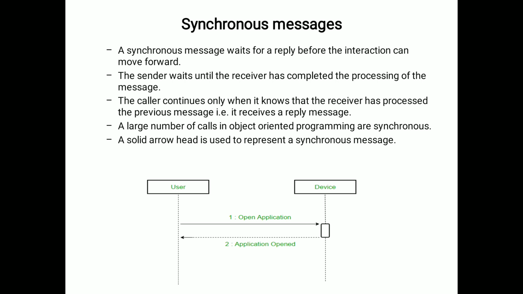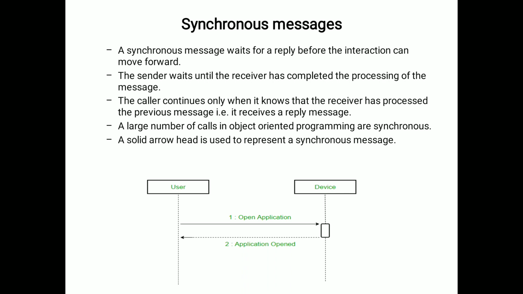A synchronous message waits for a reply before the interaction can move forward. The sender waits until the receiver has completed the processing of the message. The caller continues only when it knows that the receiver has processed the previous message, that is, it receives a reply from the receiver. A large number of calls in object-oriented programming are synchronous.